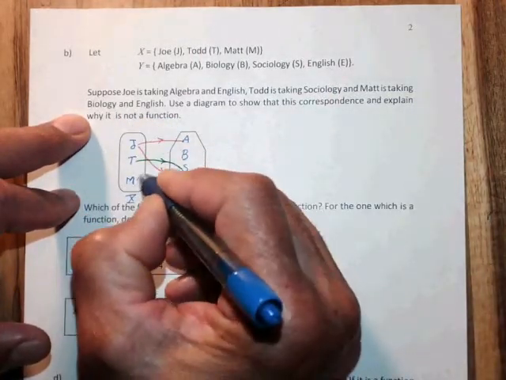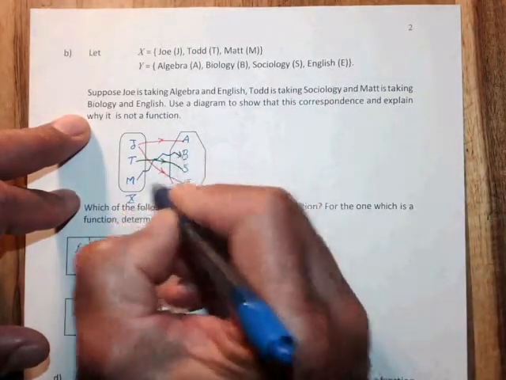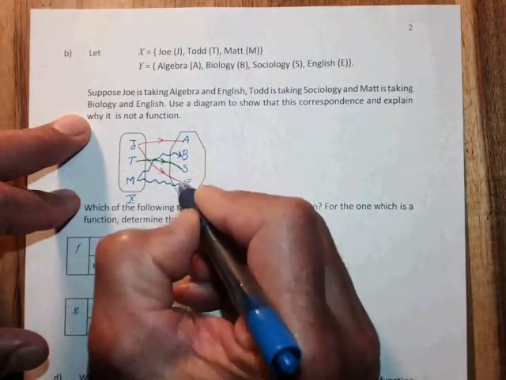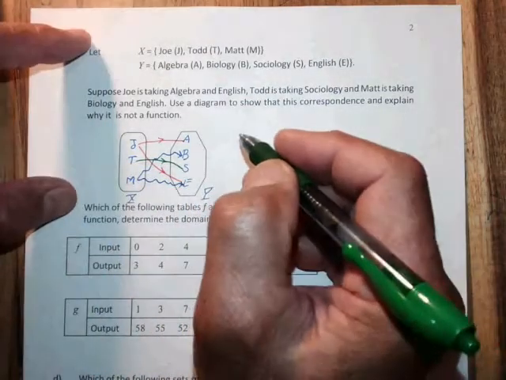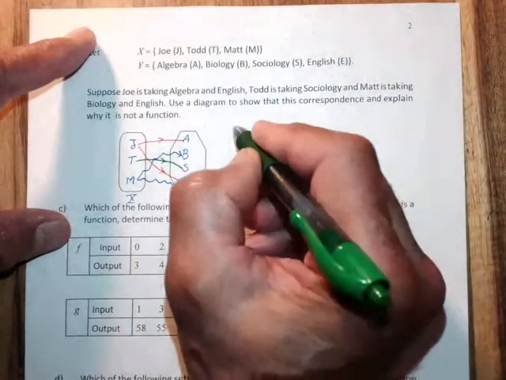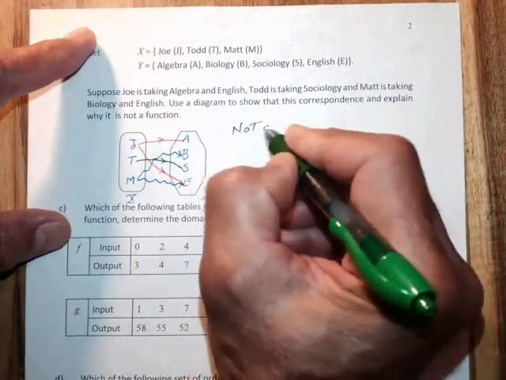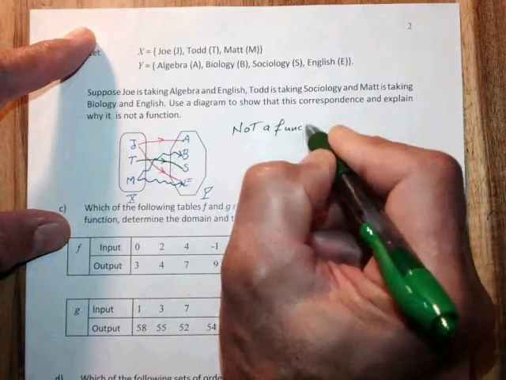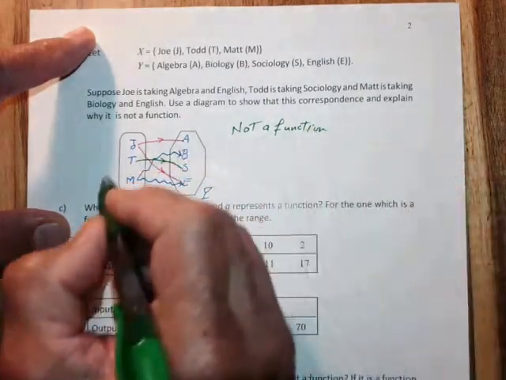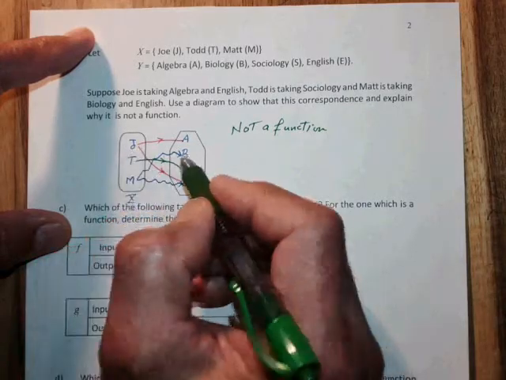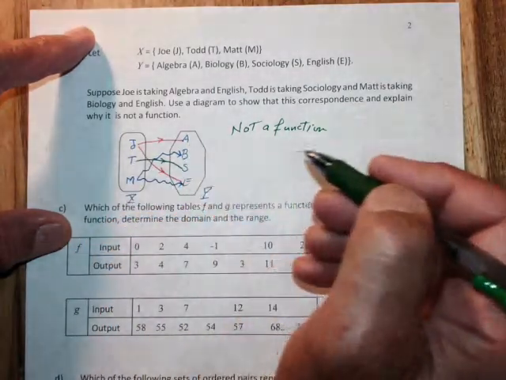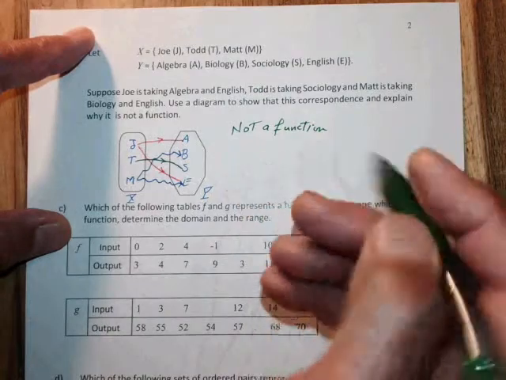So Matt is taking biology and English. Clearly this relationship here is not a function, because each input, for example Joe, corresponds to two different outputs. Okay, so not a function.